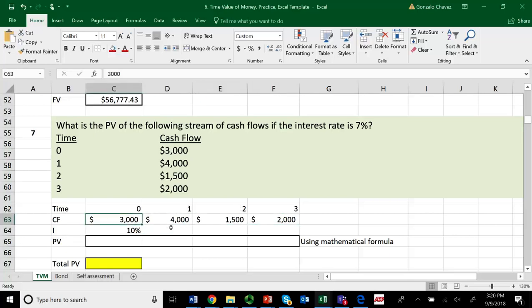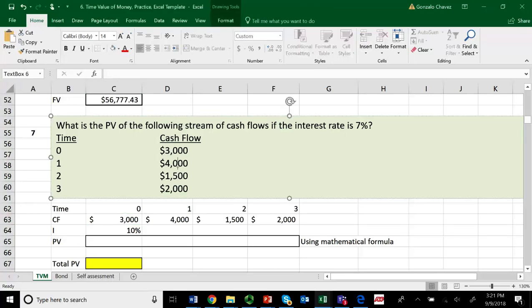But the $3,000 is going to be received at year 0. So do you discount it? The answer is you don't need to, because the $3,000 is already standing in today's, right? Today. So the $3,000 is already there. So you really need only to discount the $4,000 standing at the end of year 1, the $1,500 standing at the end of year 2, and the $2,000 standing at year 3.